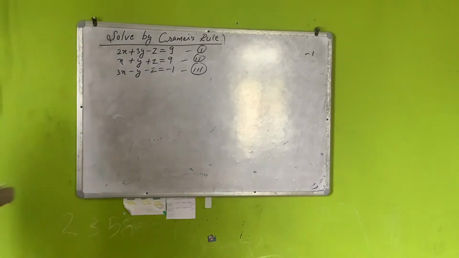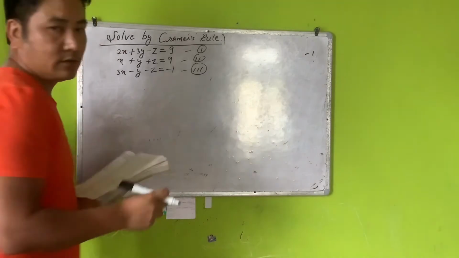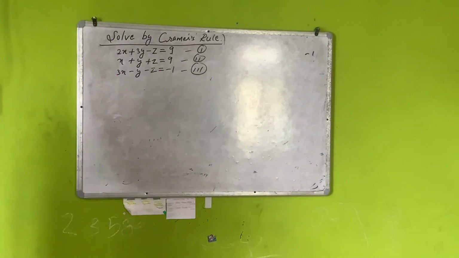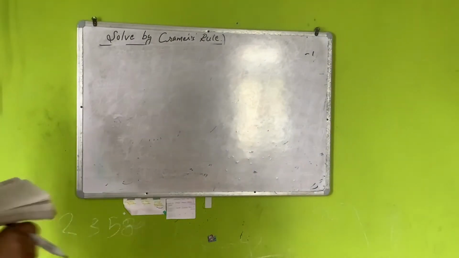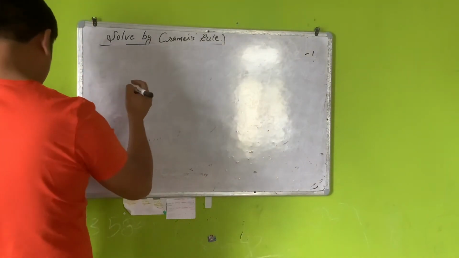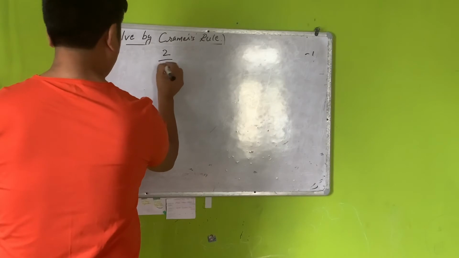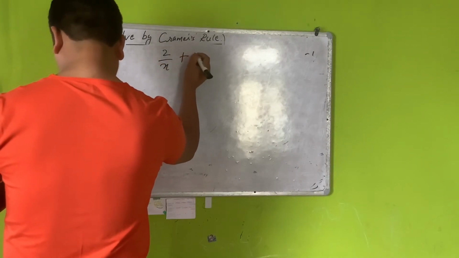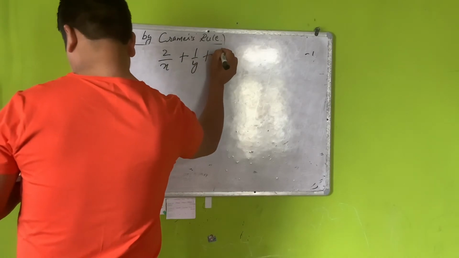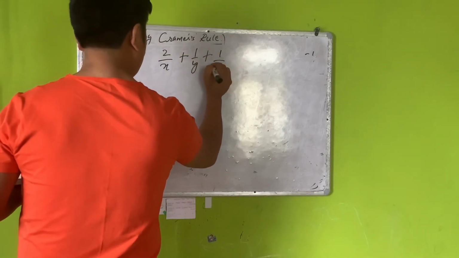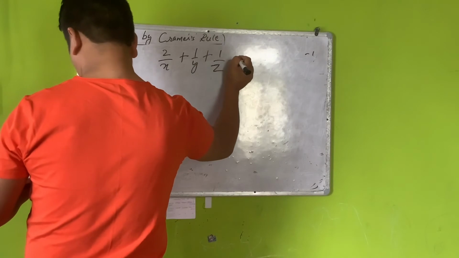Now I can give you one more example of Cramer's rule. Suppose the question is like this: solve by Cramer's rule. 2 by x plus 1 by y plus 1 by z is equal to 1, this is equation 1.